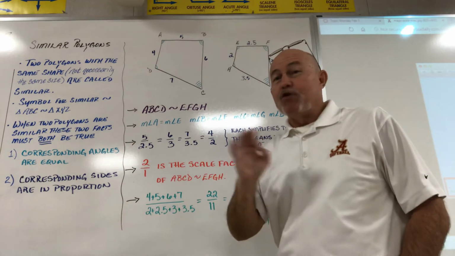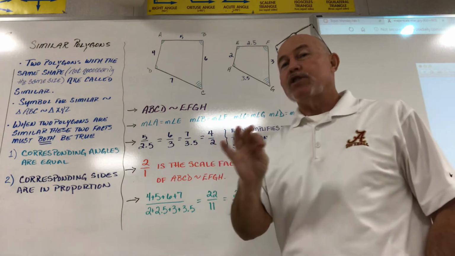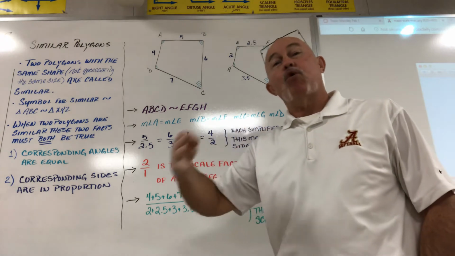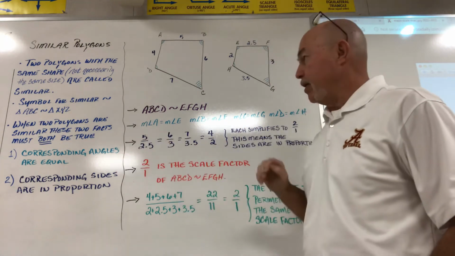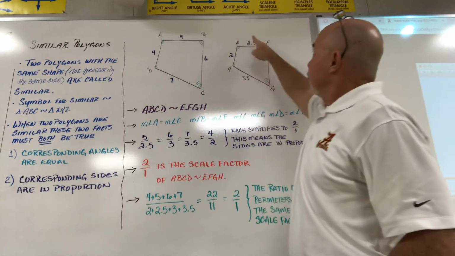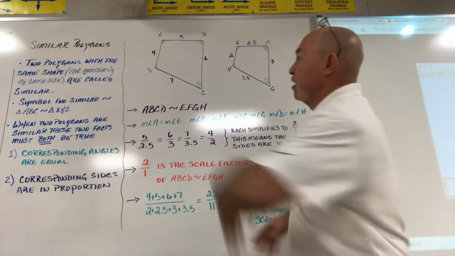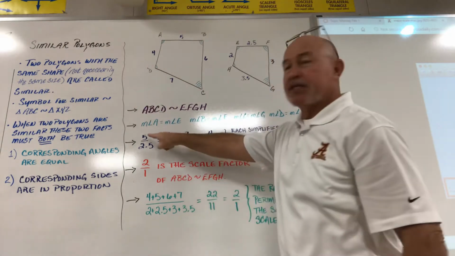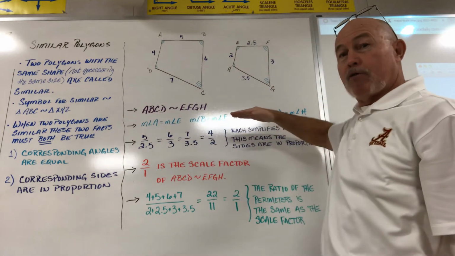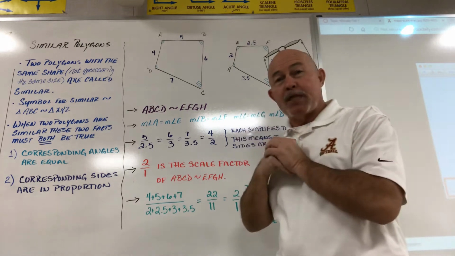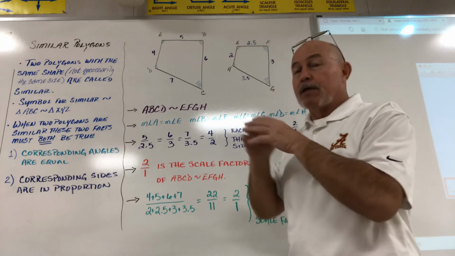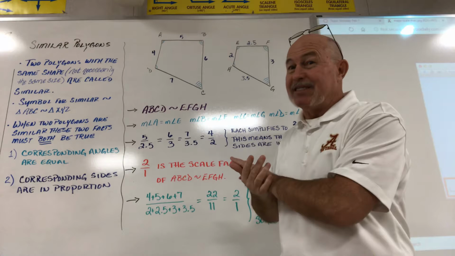Now, if you weren't sure what corresponding sides in proportion means, it's right here. 5 over 2.5. Be consistent. If I started with the left on the top of the fraction, that's how I do it all the way across. That's the most common mistake people make. The math on this is pretty easy.